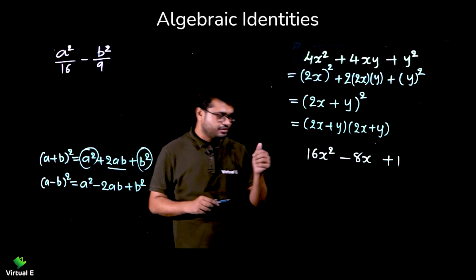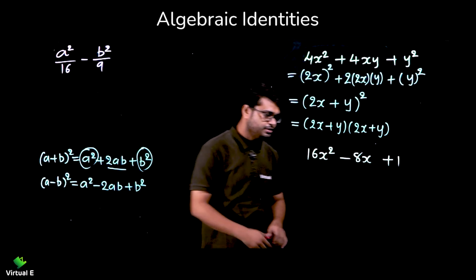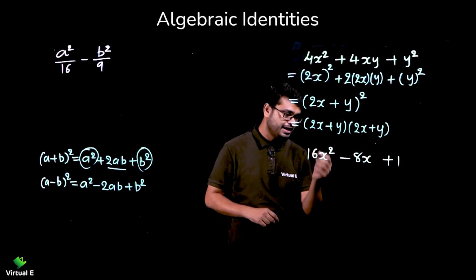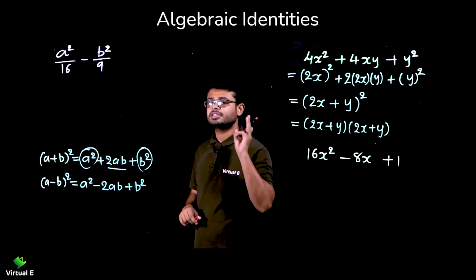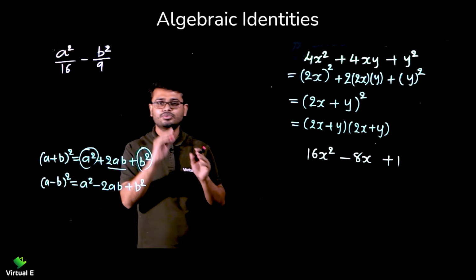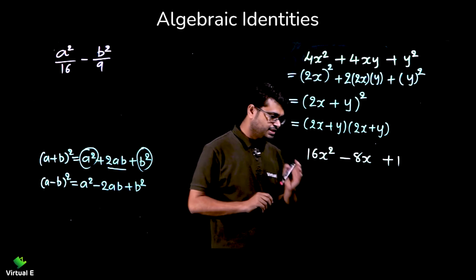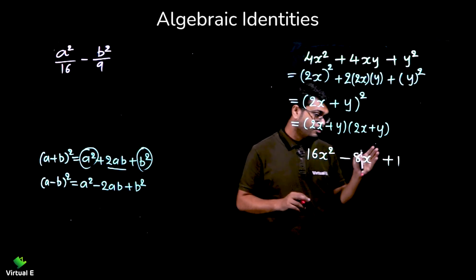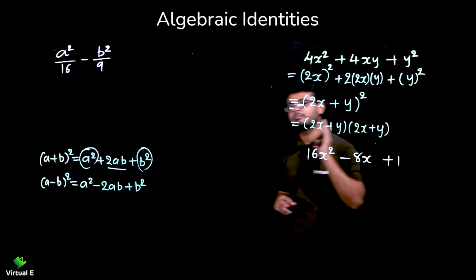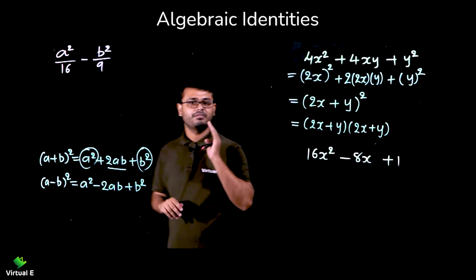Let's discuss another question which is over here. So 16x square minus 8x plus 1. Again, in this case, if you see three terms, try to find the two perfect squares. Let's see, 16 is a perfect square, x square already is there. Now 1 is also a perfect square, because the square of 1 is 1 only.